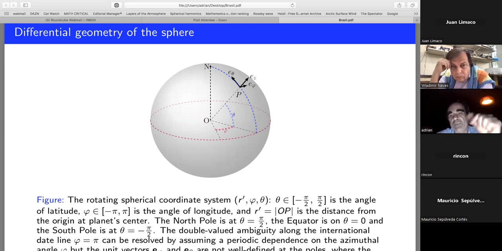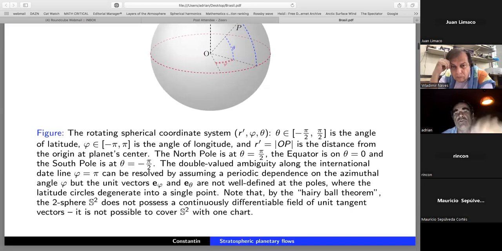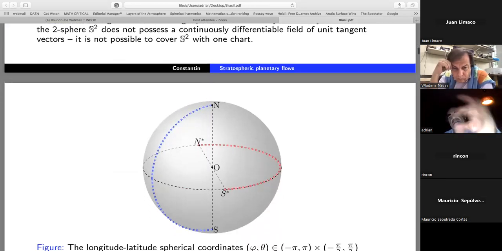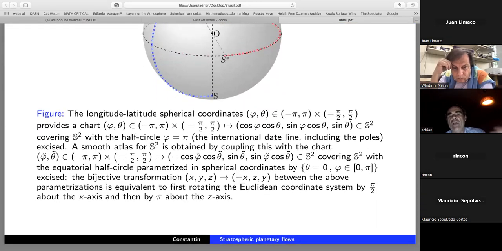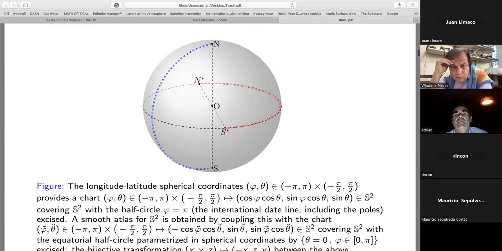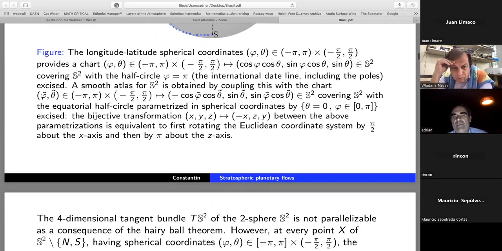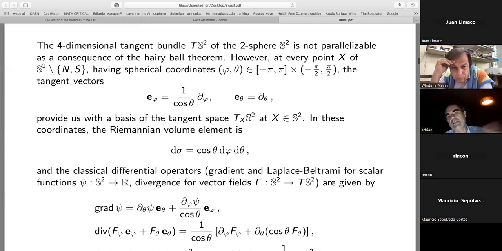Okay, so there is a problem there, and what you do is you rotate the system of coordinates, and it works with this transformation, x, y, z goes into minus x, z, y. So first you rotate about the x-axis and then about the z-axis. And you move the date line to this red thing along the new equator. So you can build two charts, and I can work in one chart and in the other things were similar.